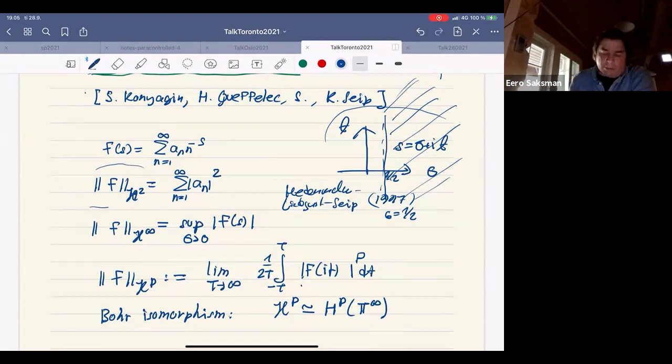You can also define the H infinity space, and it's surprising that the H infinity space actually consists of Dirichlet series that lie in H2, but they also extend analytically up to the imaginary axis. So here is the analytic domain for H2, but H infinity goes up to the imaginary axis. So you assume that the function continues analytically to the whole right half plane, and then you assume that it's bounded there.